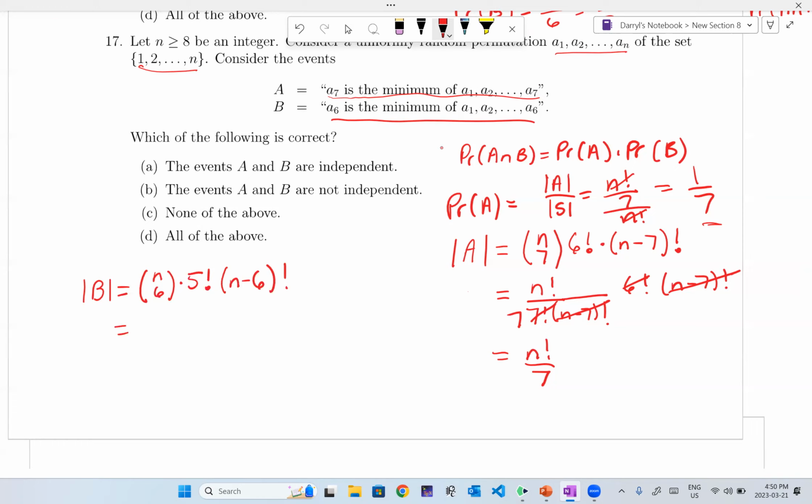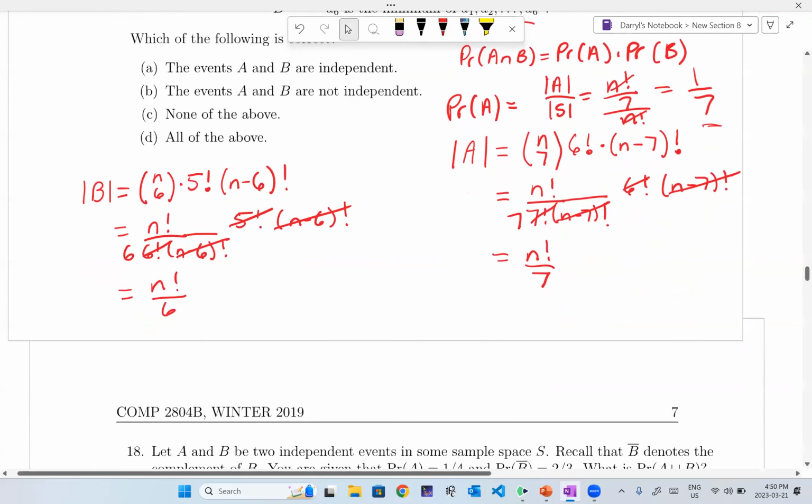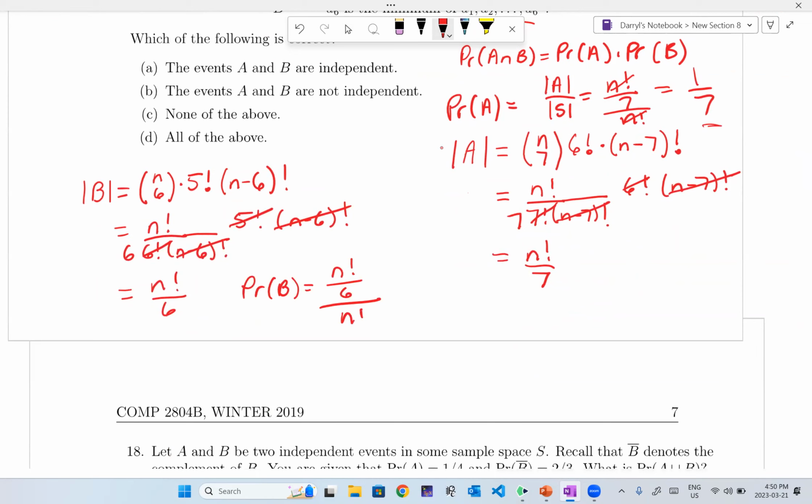This again simplifies: n factorial over 6 factorial times n minus 6 factorial times 5 factorial times n minus 6 factorial. So these cancel out, that mostly cancels out. I get n factorial over 6. The size of the sample space is n factorial. So that means the probability of B is 1 over 6.